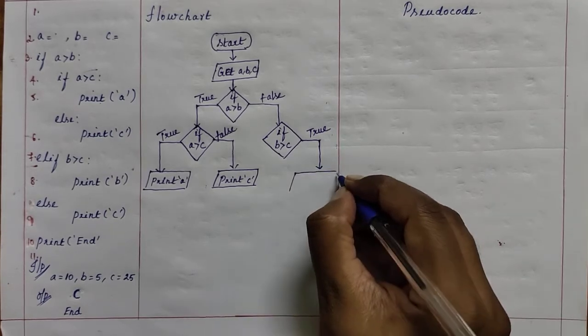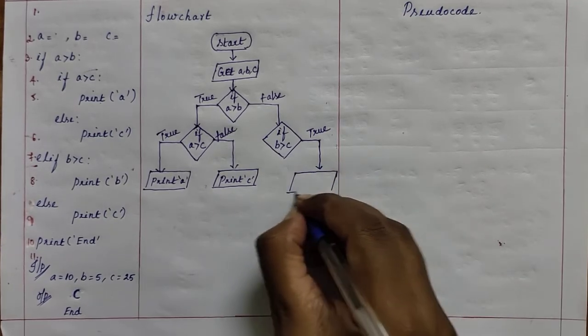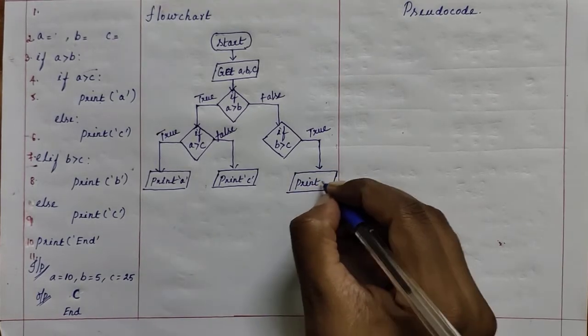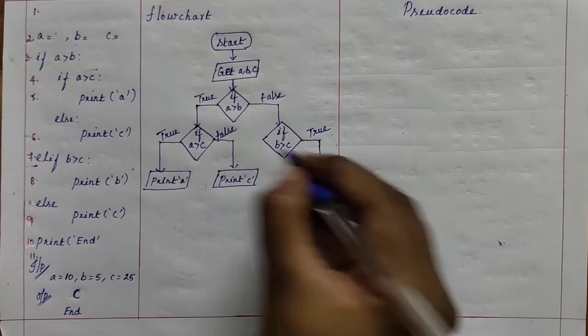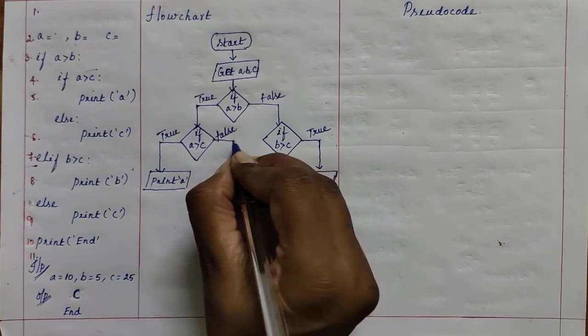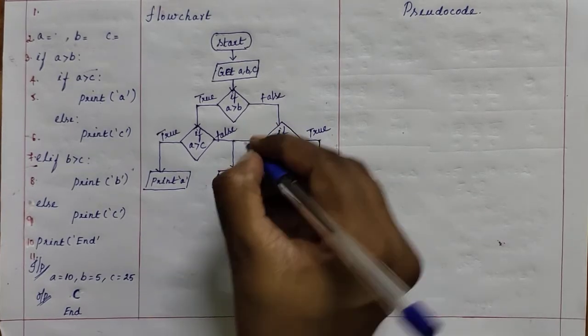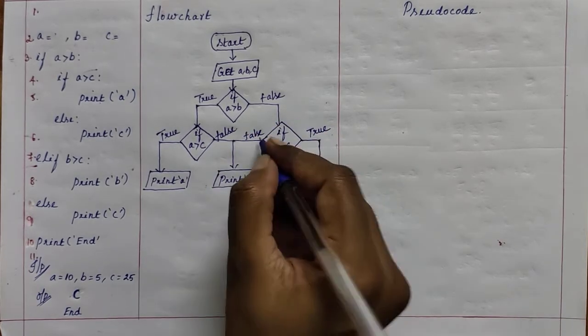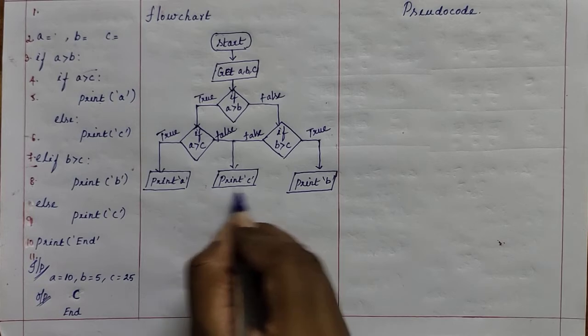It is an output symbol, so we write it within a parallelogram: print b. If this condition is false, we print c.